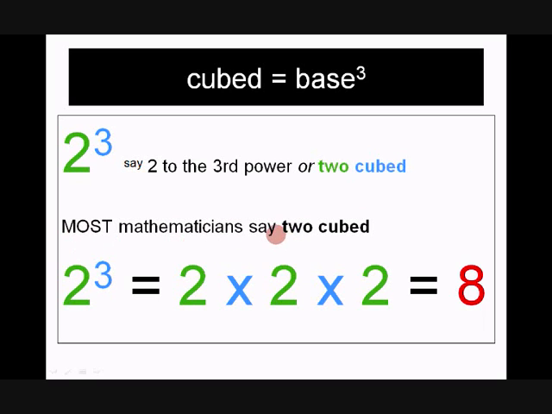Most mathematicians say 2 cubed. They don't say 2 to the 3rd power, it's a big statement. Instead, we say just 2 cubed. What does 2 cubed equal? 2 times 2 times 2, or 2 into 2 into 2. Both are right, but it is better to say 2 times 2 times 2. That equals 8.